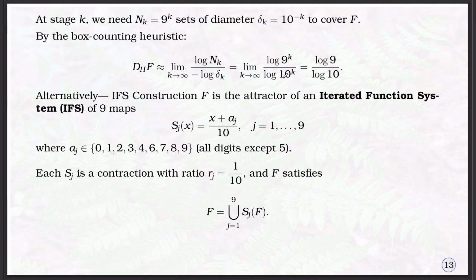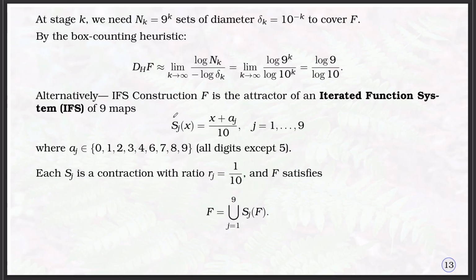Alternatively, we can prove this by using the iterated function system. For generating F, we need an iterated function system of 9 mappings, Sj of x equal to (x plus aj) by 10, where j equals 1 to 9.